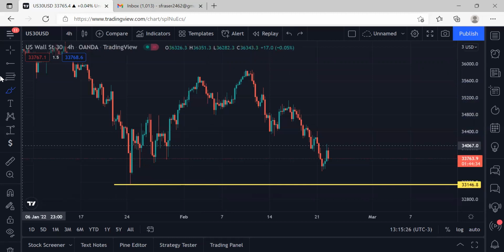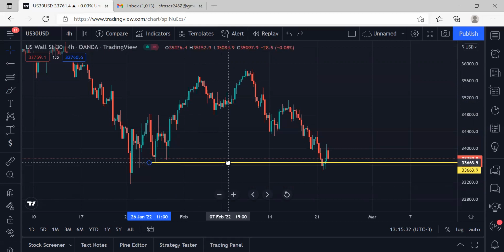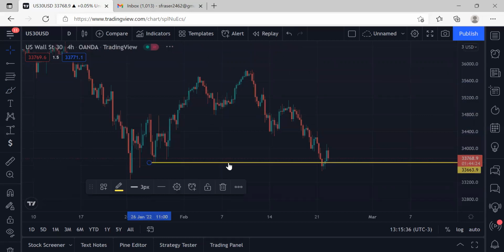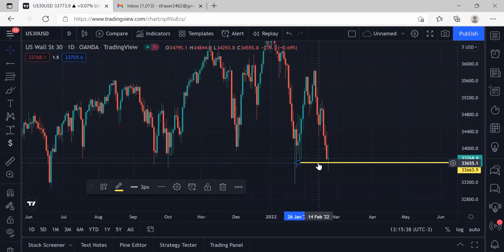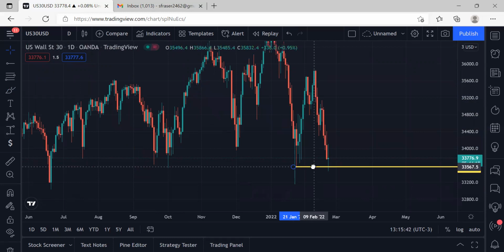When I saw this level right here, on the daily, this was the level. Well, really it's right here, but that was really the level I was looking at. Because this move was a down candle and it shot up.